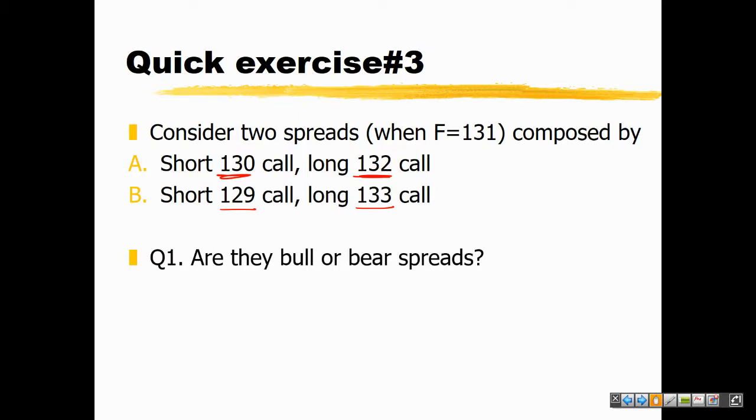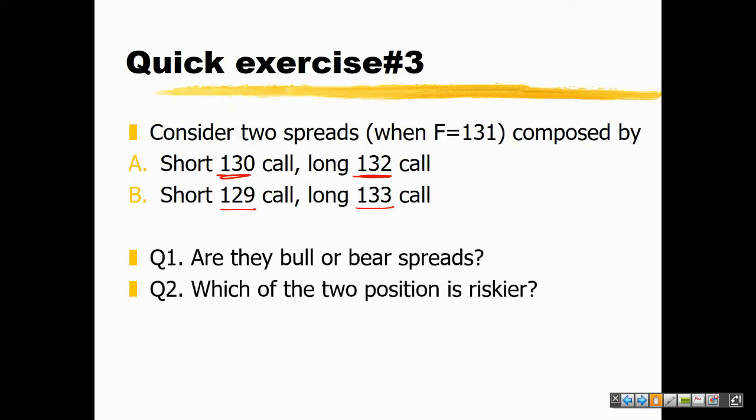So there is a wider distance between the strikes in the second case. Two questions. The first one is, are they bull spreads or bear spreads? And the second one, which of the two positions is riskier? The way to answer that is to think about the delta. Think about which of the two positions has a higher delta, whether A or B.